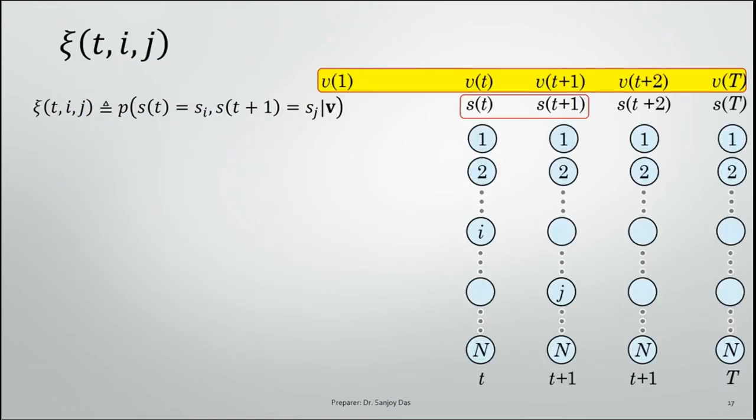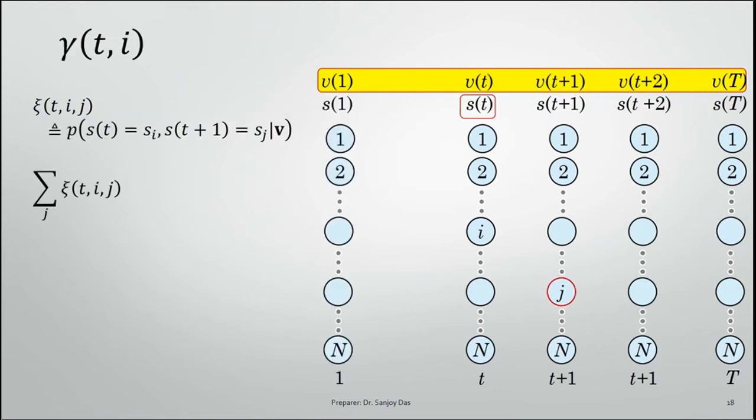So this is graphically what zeta t(i,j) is, and since it's conditioned upon the entire output sequence, I have shown that in a yellow colored box. Now let's define gamma t(i).